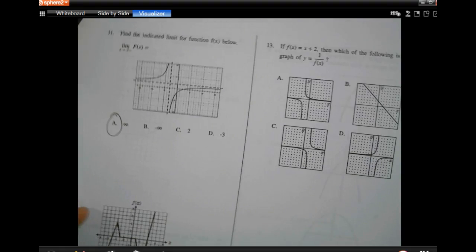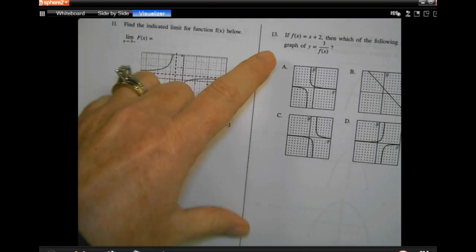What's number 13? Is it right here? Okay, so it has to be.